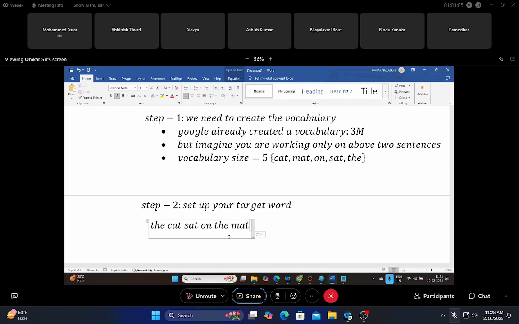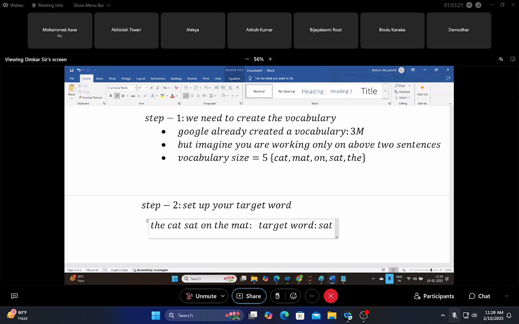From these sentences, what is your target word? You can keep any word. If mat, then only on will come.